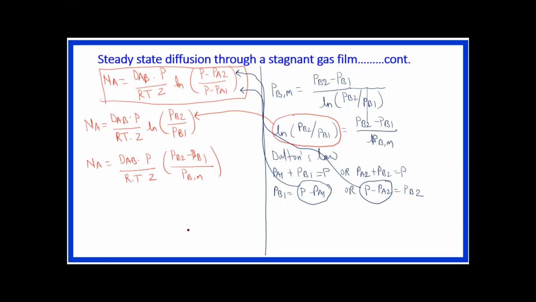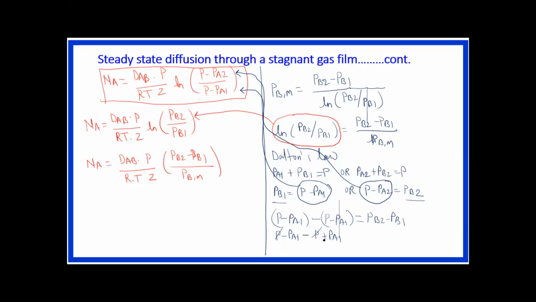So as you know that from here, if you observe, this is PA1, this is PB2. Now in this case here, PB2 minus PB1 is there. So PB2 means P minus PA2 and minus PB1. It means P minus PA1. So this PB2 minus PB1 becomes, now if you solve this bracket, then we get this P and minus P gets cancelled.